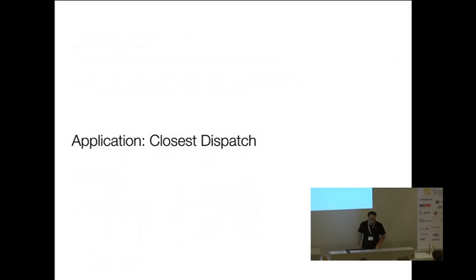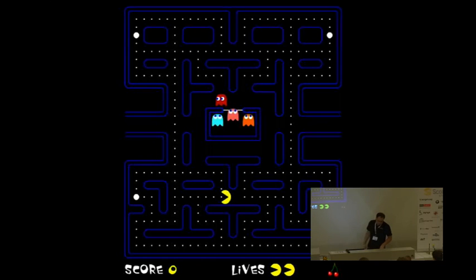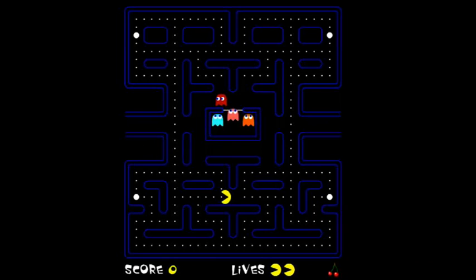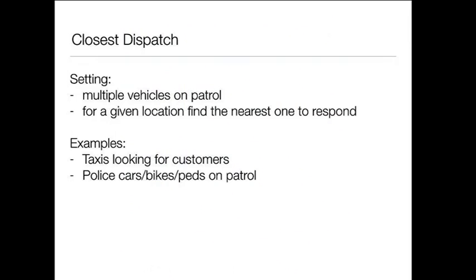So what we're looking at is closest dispatch. What is closest dispatch? Well, it's a bit like this. You've got a couple of guys on patrol. You've got the yellow guy that we call an incident, and every now and then one of these guys on patrol is dispatched to the location of the incident.